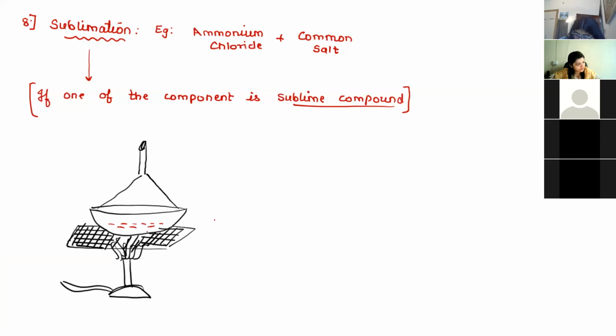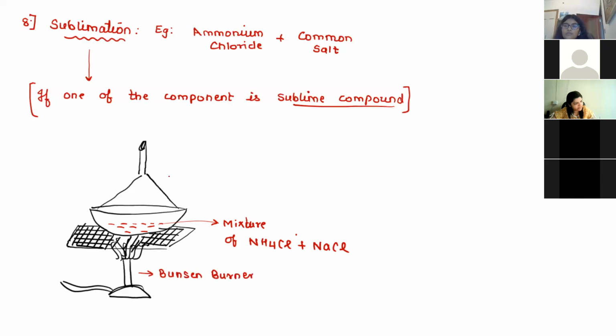Let's say there is a mixture of NH4Cl plus NaCl. Out of NH4Cl and NaCl, which is a sublime compound? Yes, ammonium chloride. This is a cotton wool.